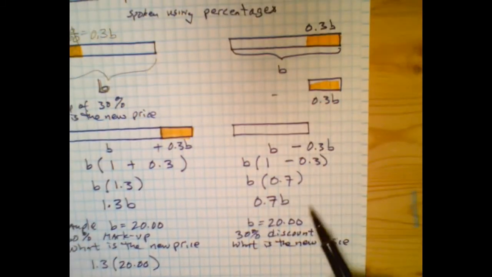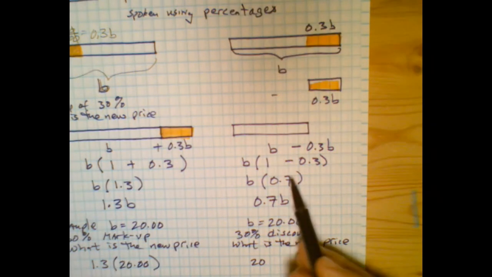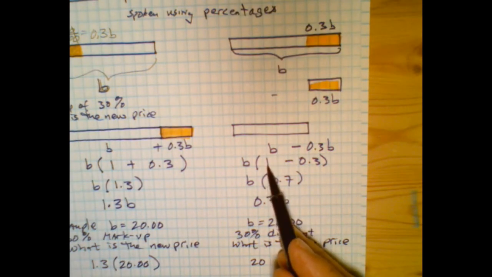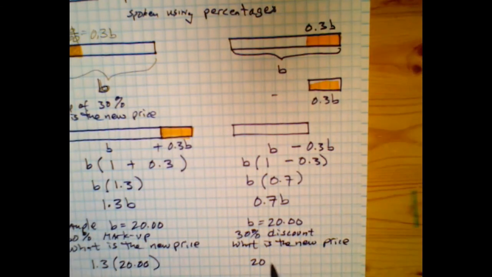Well, it's simply going to be $20. That's my B. Times 7/10. And remember that came from this here. There's my cost of my $20 minus 30% off. So if I multiply 20 times 7/10, that's going to be $14 in this case.